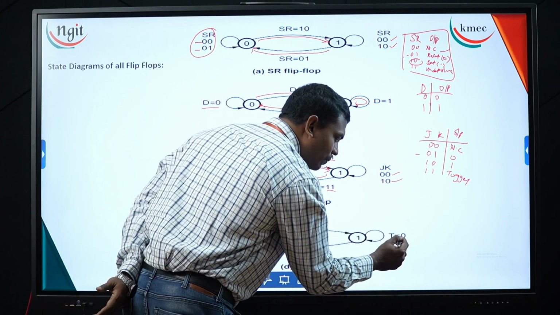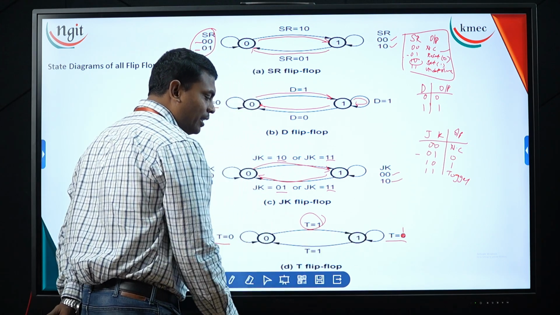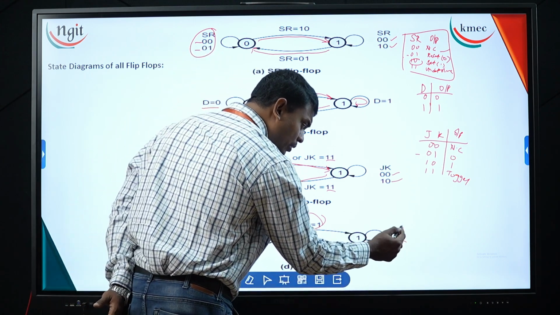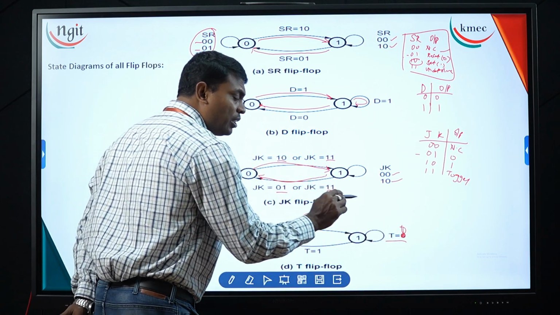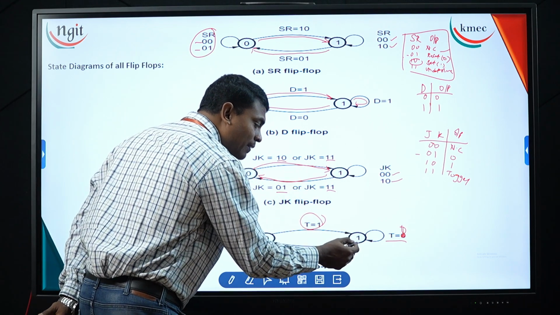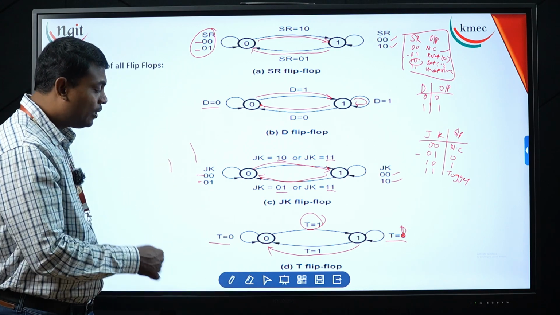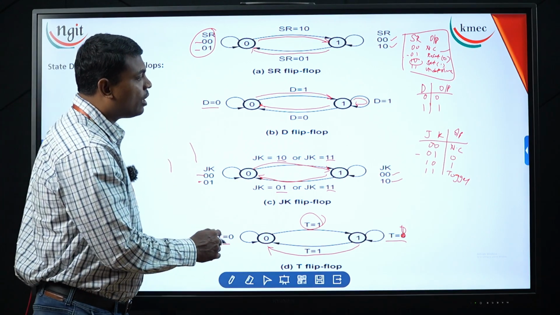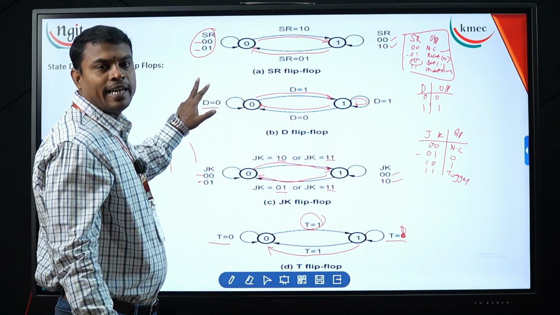When T is equal to 1, it will again transition from 1 to 0. Only for T equal to 0 will it remain in the same state, because for T equal to 0, 0 is 0, the same. So this is how we represent the functionality tables for state diagrams.